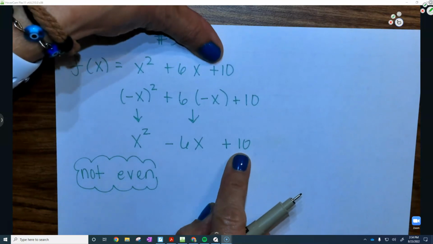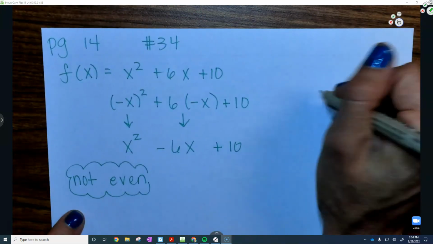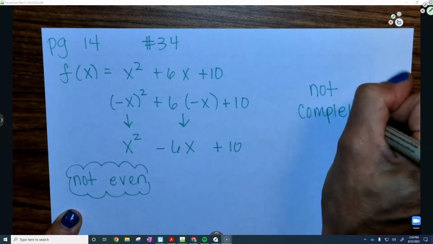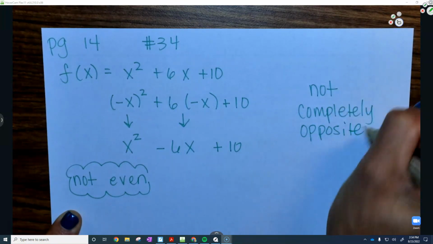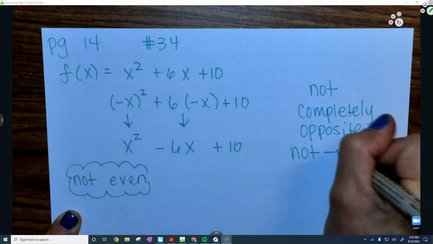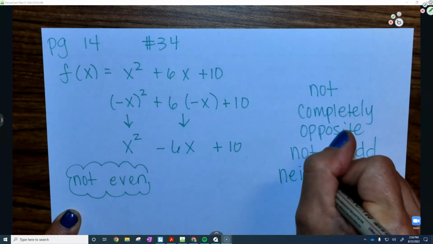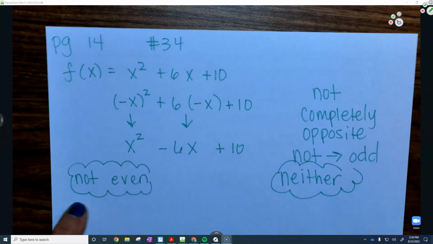Did the 10 change? No. So if it is not completely opposite, then it is not odd. Then that means it's neither.